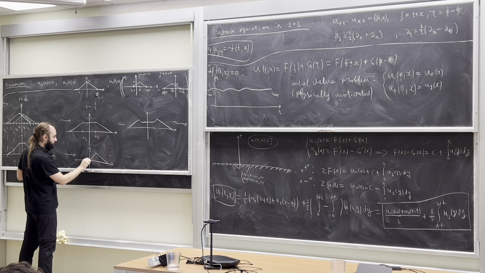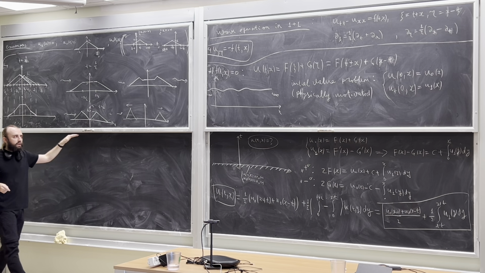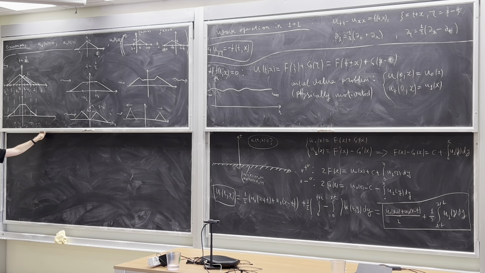So this one moves to the right, and this one moves to the left. So there are two waves that were interfering originally, but then they simply go in opposite directions. Well, are there any questions about this picture?